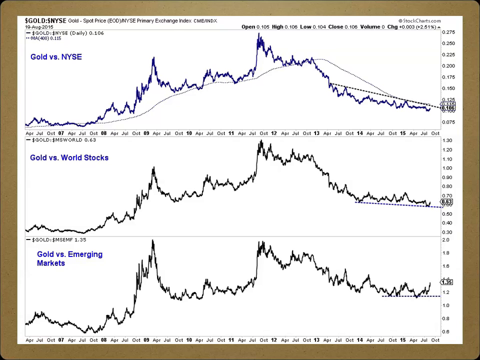Not to say it's going to happen in a day or two, but possibly in a couple weeks or a month or two. I don't know if it's going to happen this month or next month, but gold is going to have to break out against equities in order for the coming bull market to really take off. The bull market is not going to take off before we see gold regain relative strength against equities.